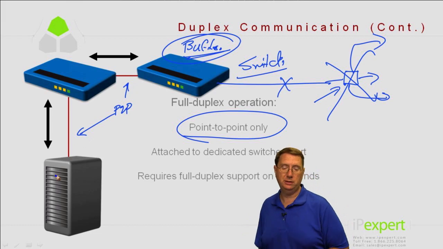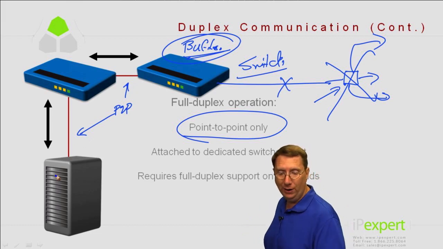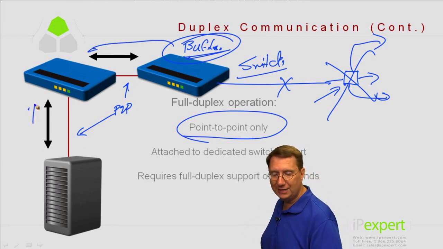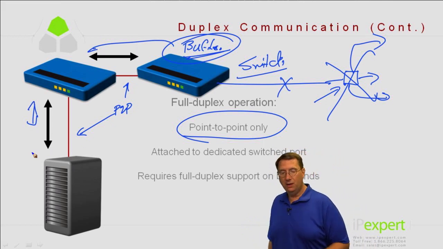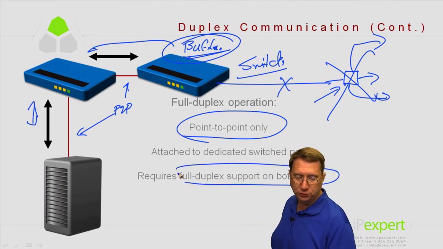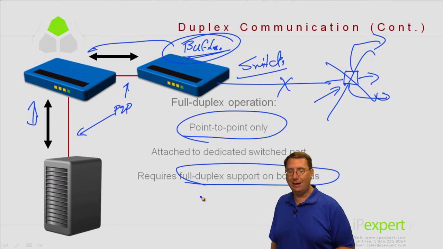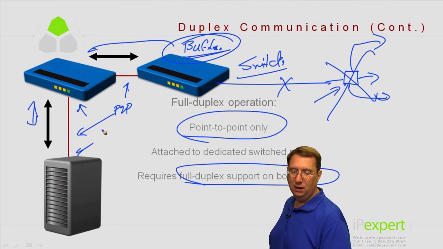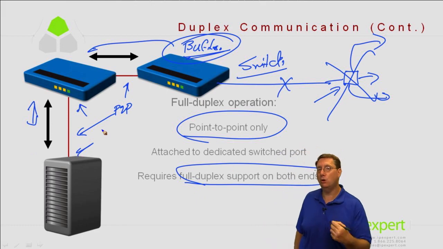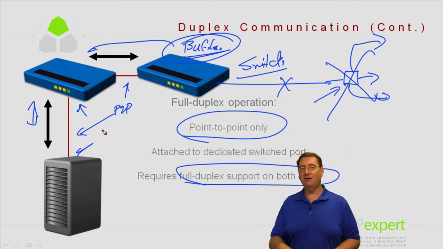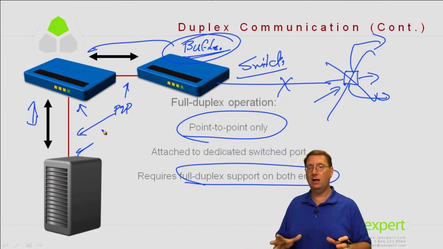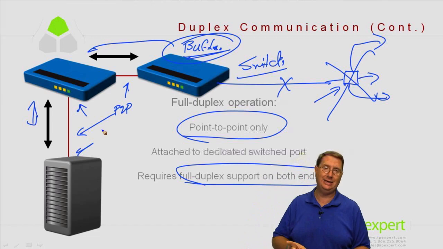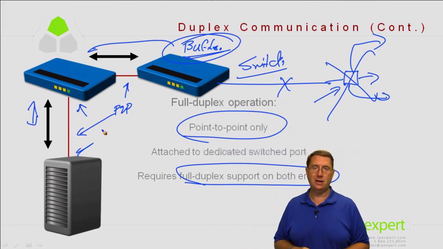This connection must be point-to-point. By virtue of being point-to-point, I get buffering capability, which means I can support bidirectional flow. Now, we have to support full duplex on both sides. That means I need to make certain that I have the same capabilities on both sides of the link. So if I have 100 megabit on one connection and 10 megabit on the other, if I want to support full duplex, I'm going to have to go down to my slowest speed as my full duplex operation.